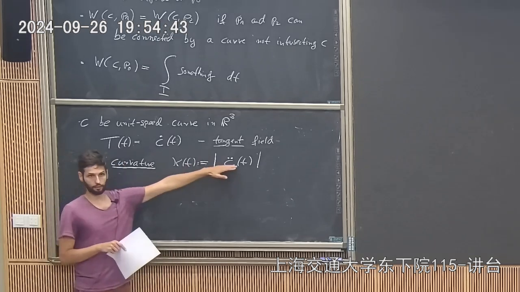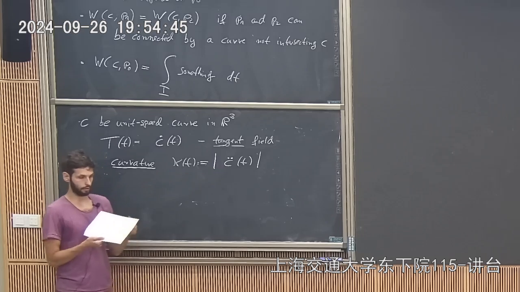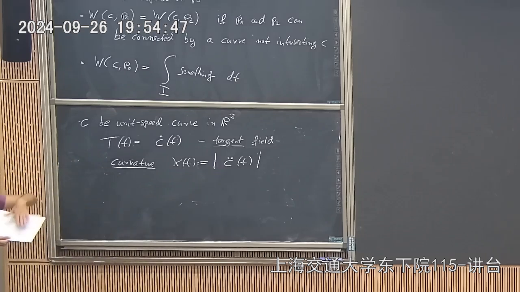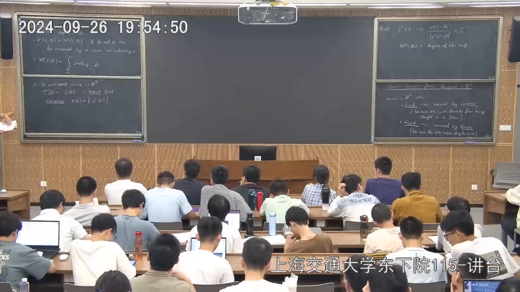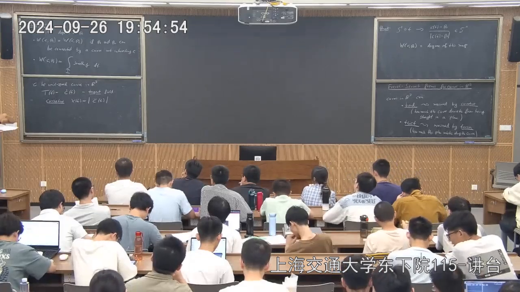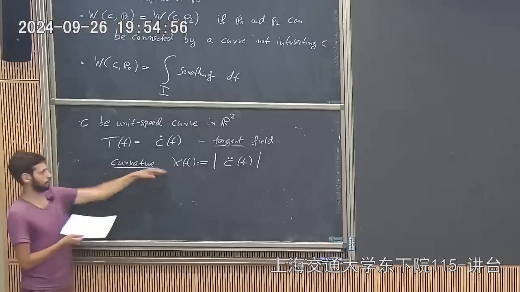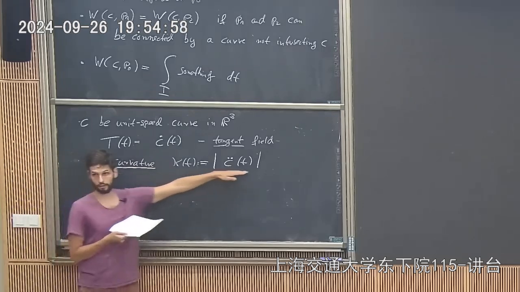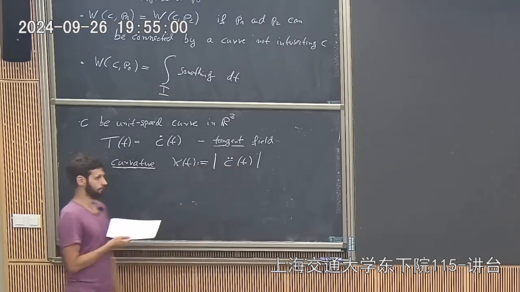That comes from the same argument as in the 2-dimensional case, and what I tried to argue before is that locally we can always assume that our curve is kind of in 2 dimensions, so the argument with the oscillating circle and stuff gives a justification why you would call that the curvature of the curve.